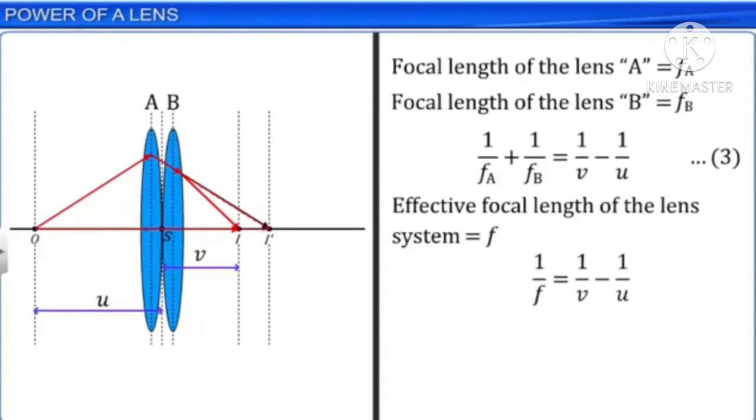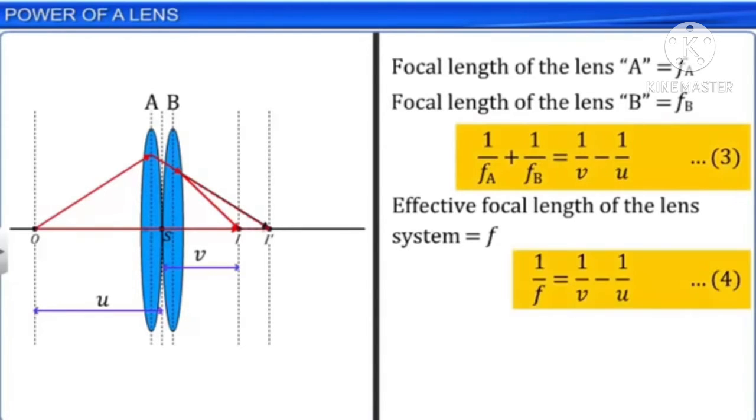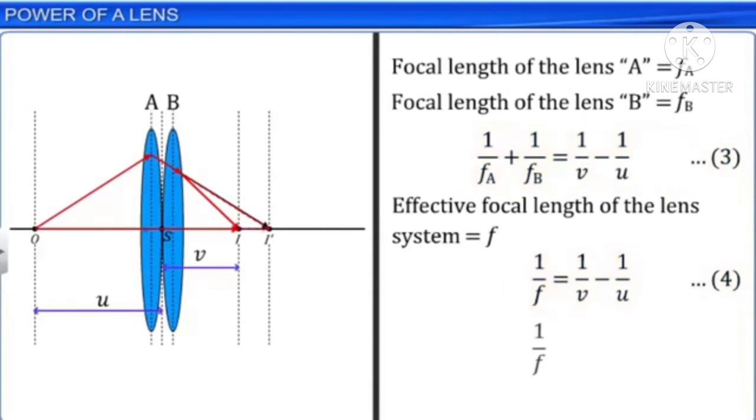Since optical power of a lens is the reciprocal of its focal length, we can rewrite the equation 5 in terms of the optical powers as P is equal to PA plus PB. Let this be equation 6, where P is the net optical power of the combination of two lenses with individual powers equal to PA and PB.